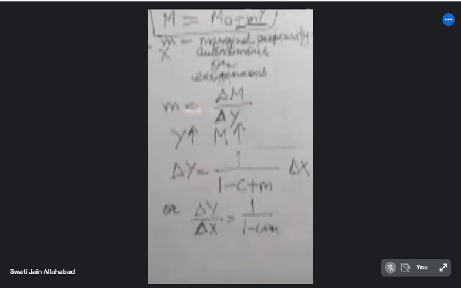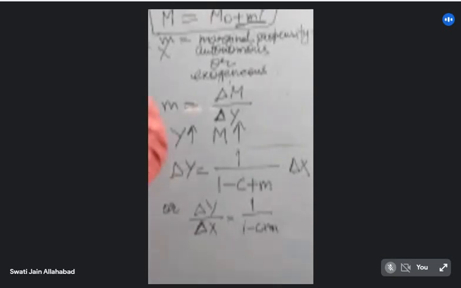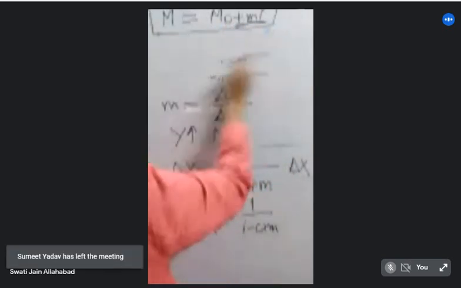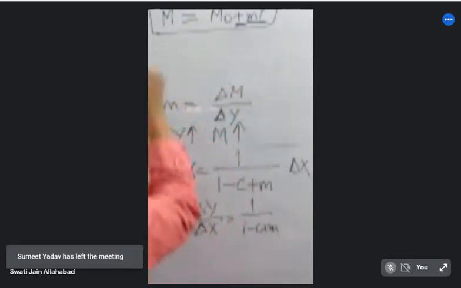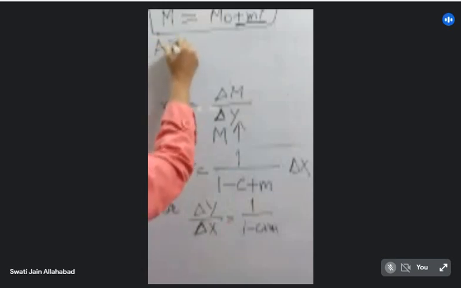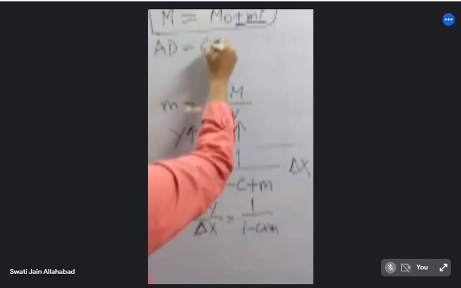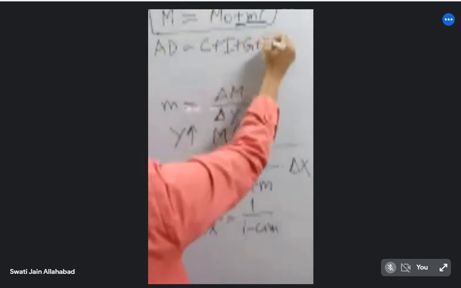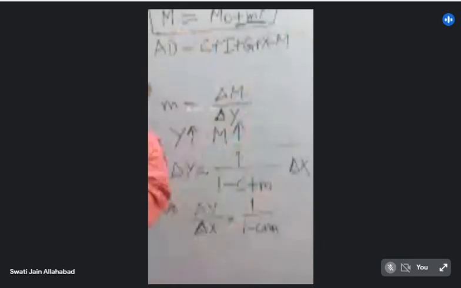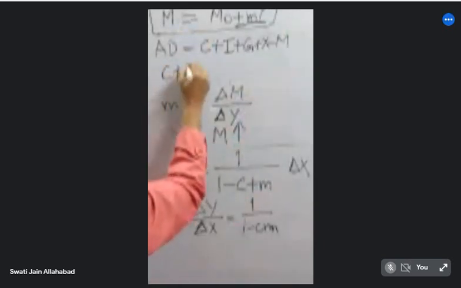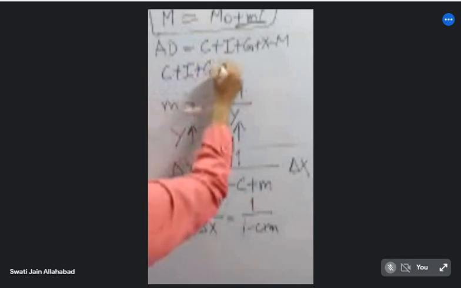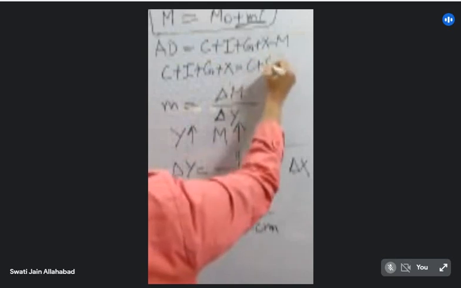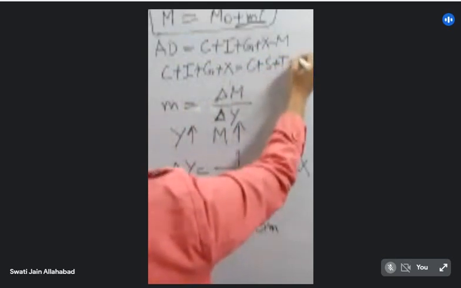You should focus on this. You are saying AD is equal to C plus I plus G plus X minus M. At the same time, you can write C plus I plus G plus X is equal to C plus S plus T plus M.